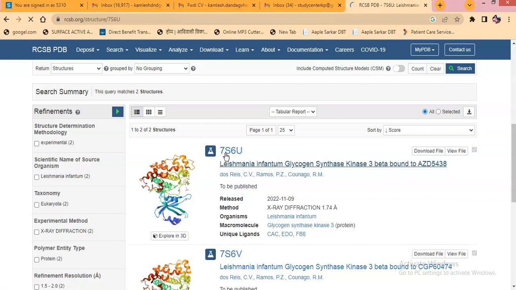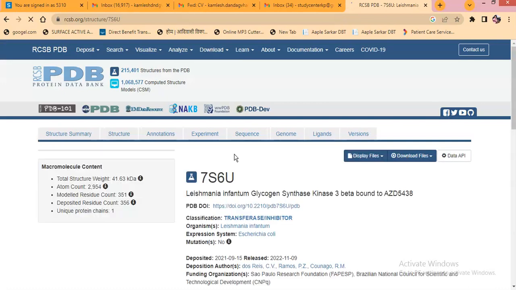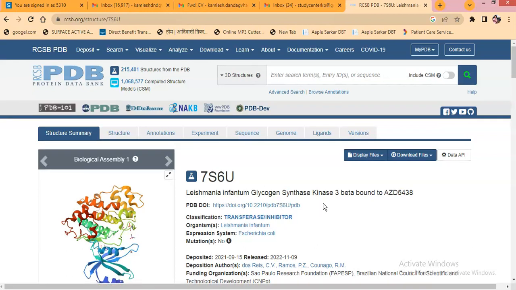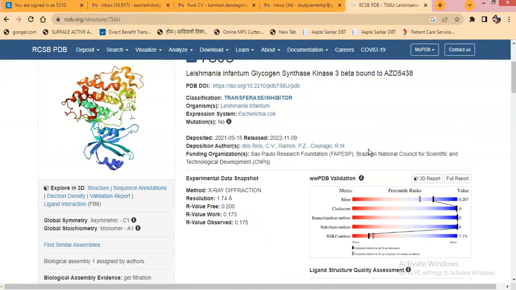This code you can also find from the literature, in a research paper. The code of the particular protein on which molecular docking is carried out is mentioned there. So you can take that one, or you can take any one of the proteins.